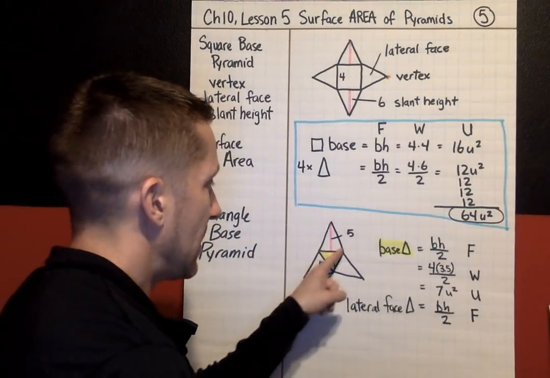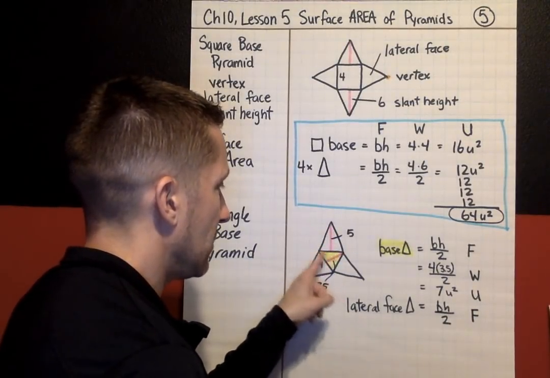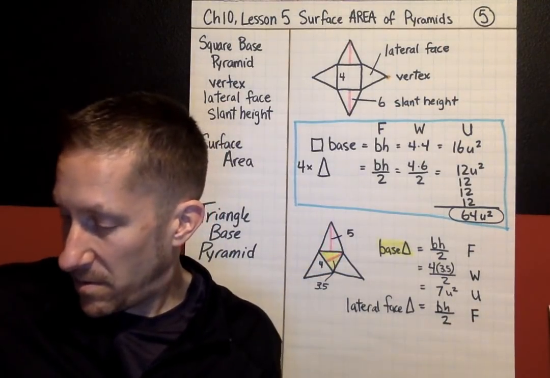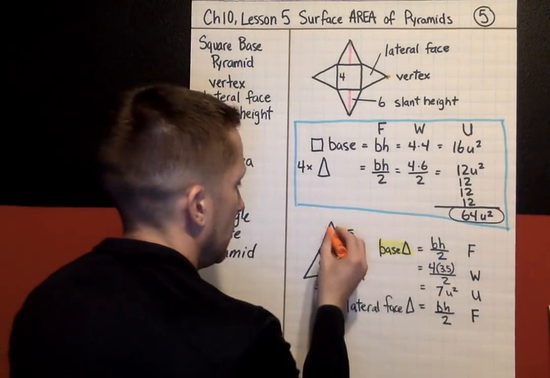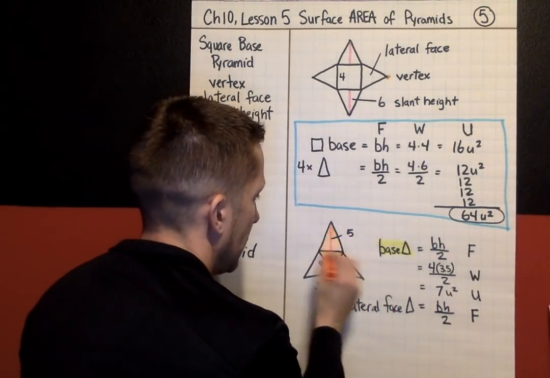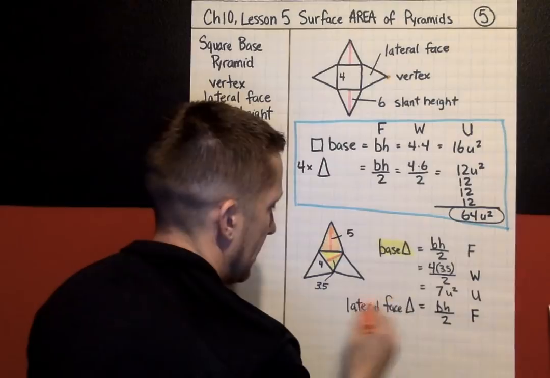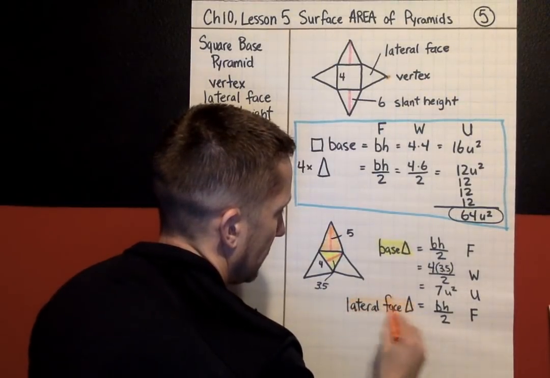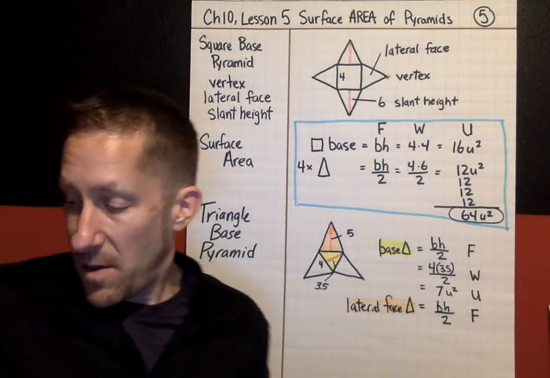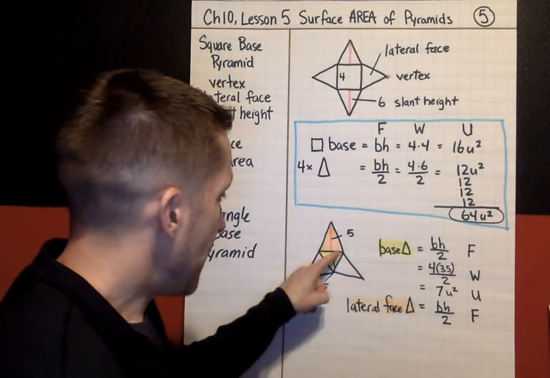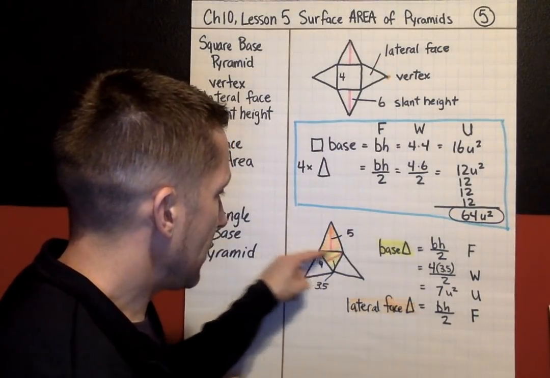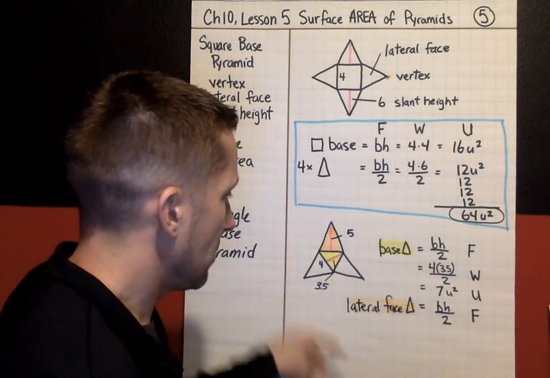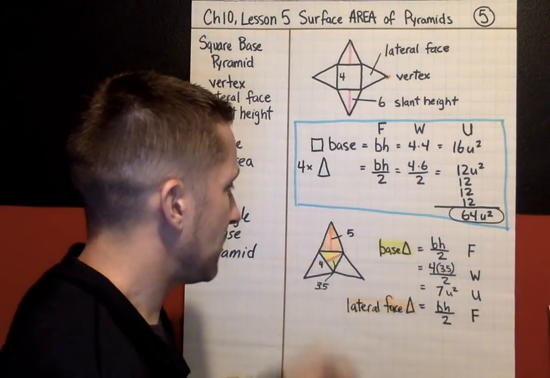Now I'm looking at the lateral face triangles. Okay, so let's make those orange. We'll add some more color here. So I'm looking at that triangle, and that's a lateral face triangle. Those are the orange ones. Well, the base of this triangle is a 4. The height is a 5.